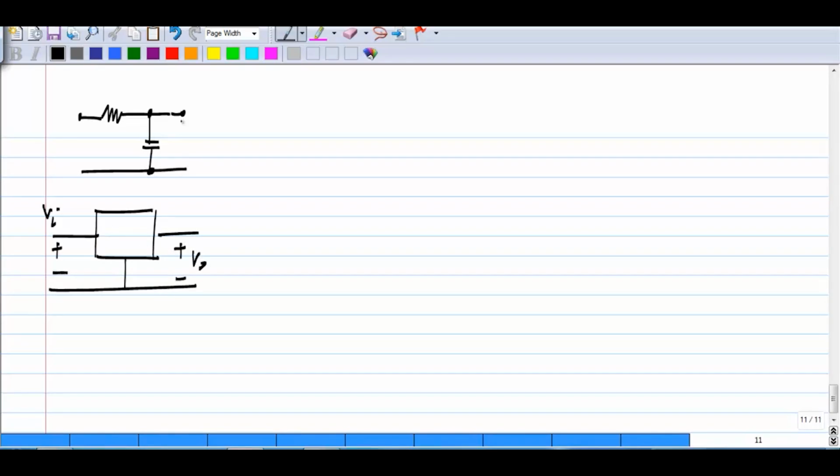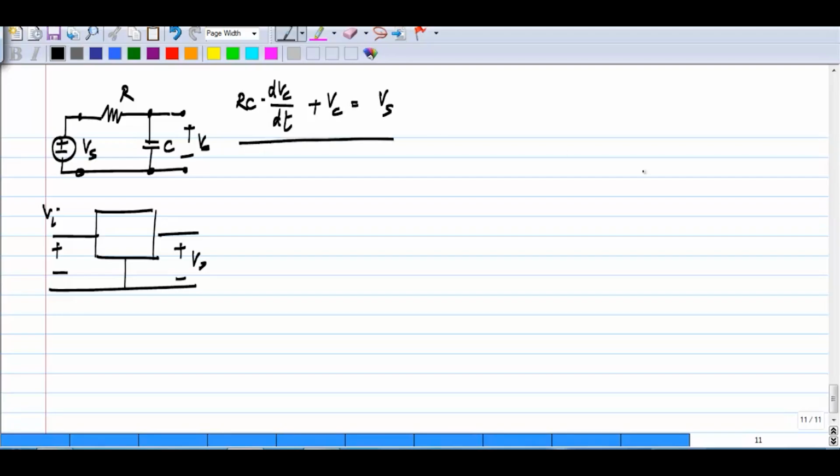In this case, the differential equation for Vc is given by this, and the natural response is evaluated by solving for the source free case.